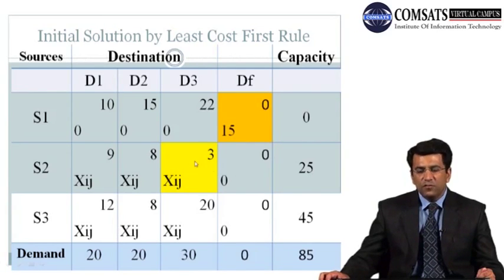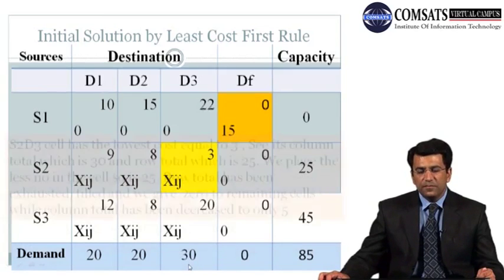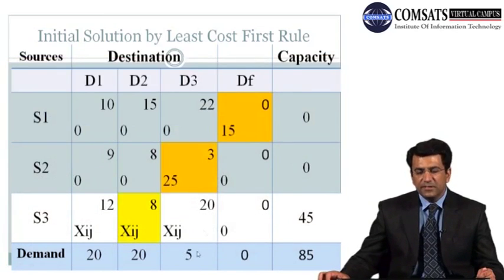So we will write 25 here in this cell, and this row total will be exhausted and become 0, and this column total will be decreased by 25 and become 5. And that's it. Now again class, we will move to the next least cost.